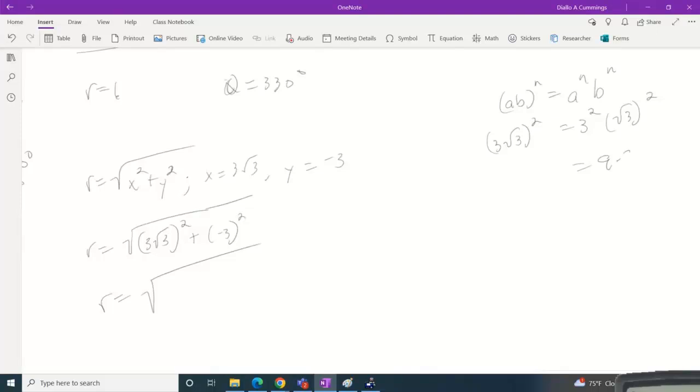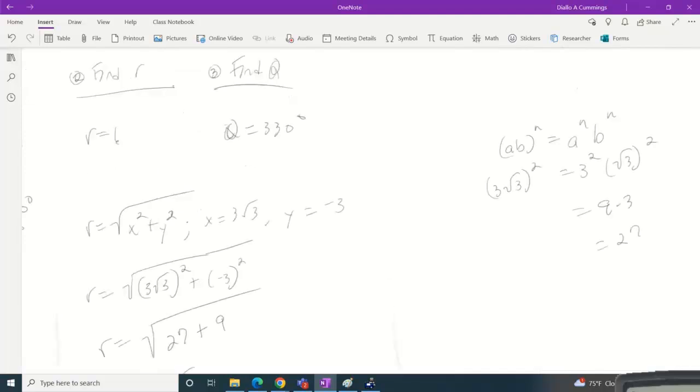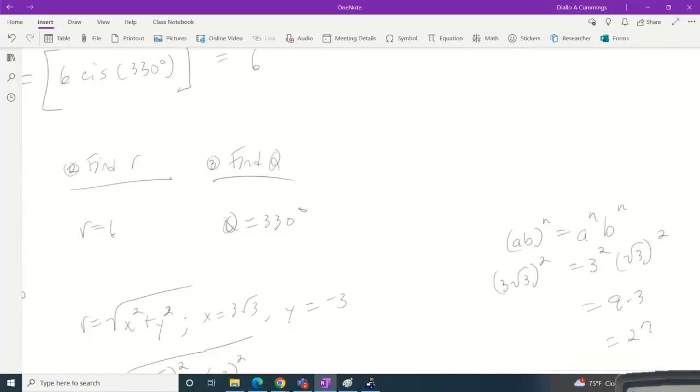The squared and the square root cancel. 9 times 3 is going to be 27. You got it? Okay. So this 3 squared is 9 and the square root of 3 squared is 3, that's 27. Plus 3 squared is 9. r is equal to the square root of 36, which is 6. But I use the calculator function to simplify all that.